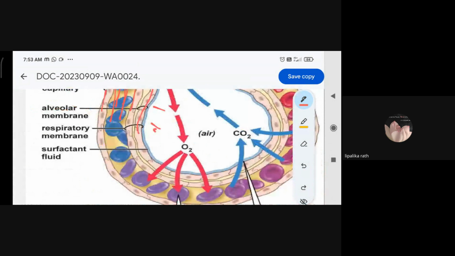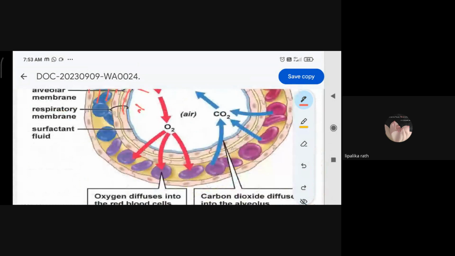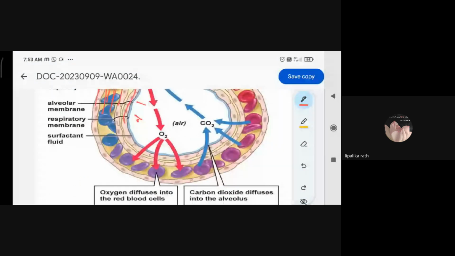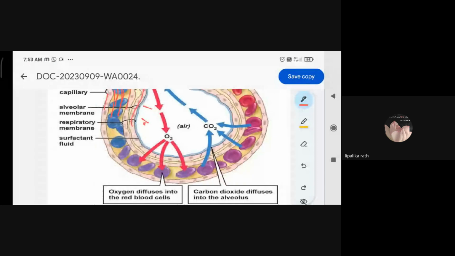Now, how is the color getting changed? You can see how the color is changing as the red blood cells are getting more oxygen. They are turning into pure red.